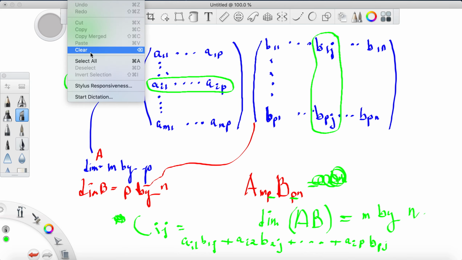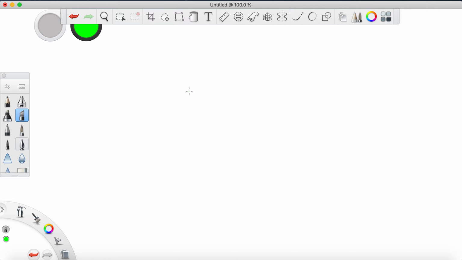So let's go ahead and do a concrete example, since that's probably a little confusing, more than a little confusing perhaps. Here is a 2 by 2 matrix. Sometimes we like to write the number at the bottom right of the matrix. So what kind of matrix could we multiply this by?